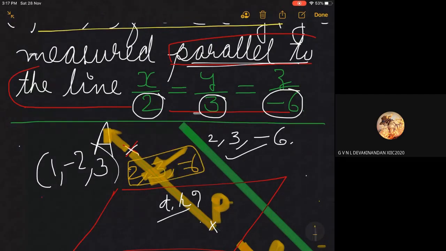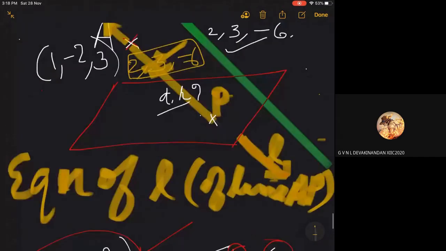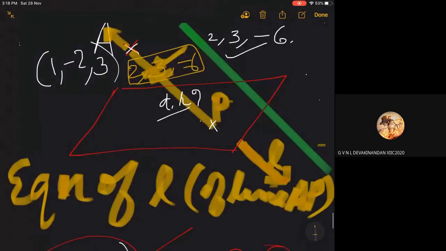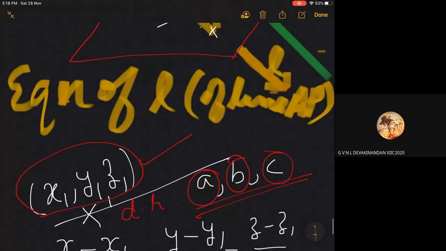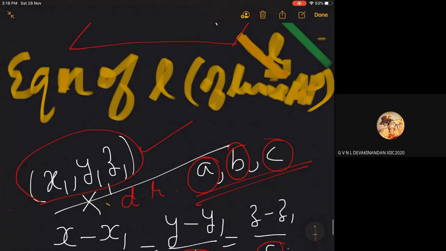So we have now the point A and the direction ratio. Then you can write the equation of the line AP.